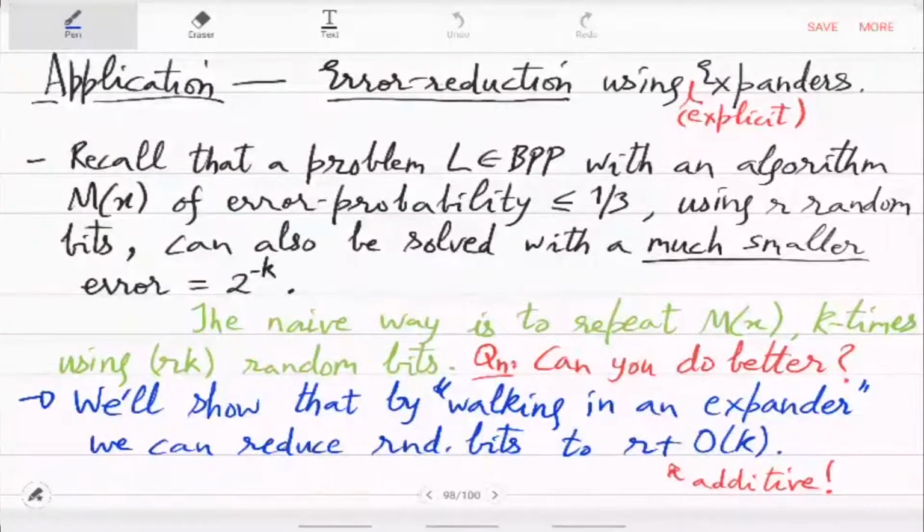So how can you make the error probability exponentially small, which is 2 raised to minus k? So the obvious boosting will require repeating the experiment k times, which will give you r times k random bits. Instead of that, we can do it in r plus k random bits. Okay, the same error probability, exponentially small.